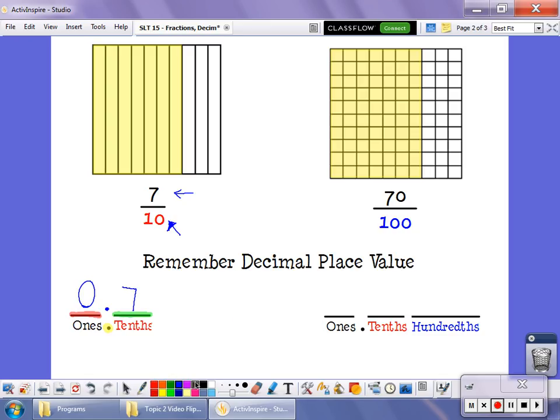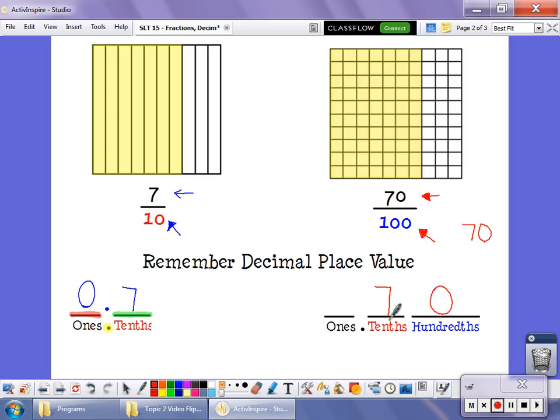Now, if we look at this number over here, 70 hundredths, we're going to change things up a little bit. Again, we're going to look at the top number first, our numerator, 70. But this time we want it to end in the hundredths place. So I take that number 70 and I put this last digit in my last place value spot, which is hundredths.